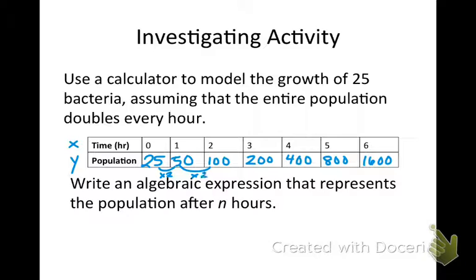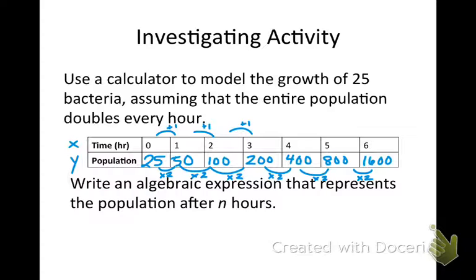And then that just keeps going on and on. So we're all doing that. We're timesing by 2 each time, right? Yeah. Okay. Are my x's consistent? What's happening there? Yeah. Plus 1, plus 1, plus 1, and so forth.